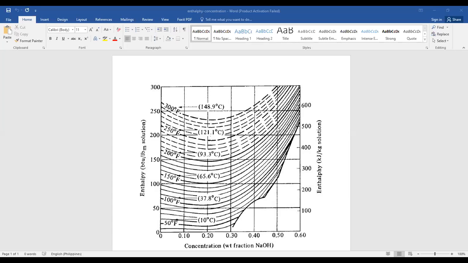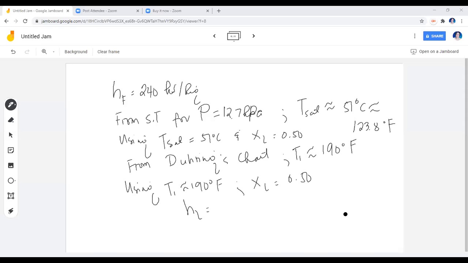That's 50% solids. And you read the enthalpy here. Okay, 50% and that's it. So more or less 500 kilojoule per kilogram. Okay? So we go to our board again. So this one is 500 kilojoule per kilogram.